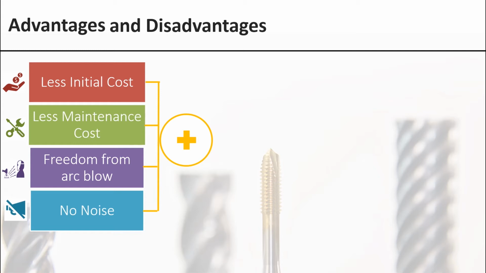Fourth, the problem of arc blow can be easily controlled. Fifth, voltage drop in AC is less, hence it can be used at large distances from the power supply. Sixth, less electric energy consumption per kilogram of metal deposited. Seventh, the AC welding machine has high efficiency.